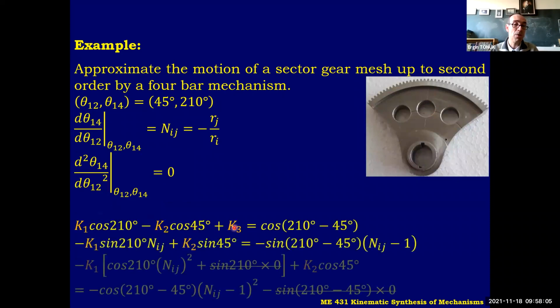These pink ones are my unknowns, and the known values are substituted. This is also known. Second rate is equal to 0, so these terms cancel out. As you see, this second equation is in K1 and K2, and the third equation is, so you can solve these two for K1, K2, substitute what you find into here, find K3.